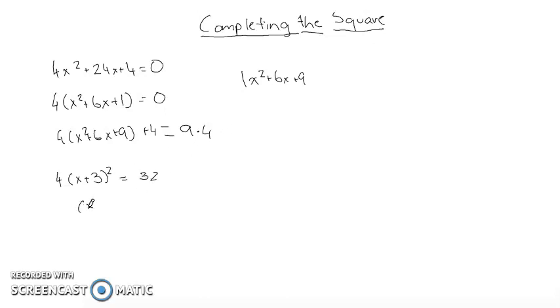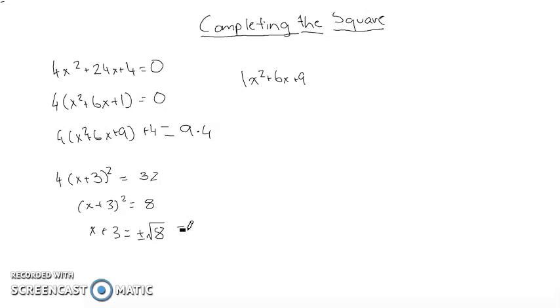We get x plus 3 squared equals 8, because 32 divided by 4 is 8. We get x plus 3 equal to plus or minus square root of 8.